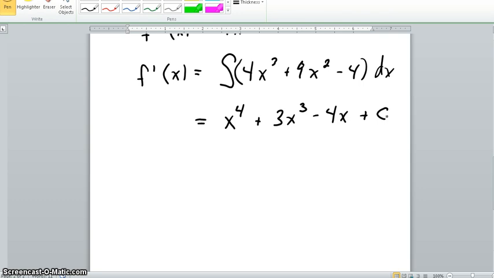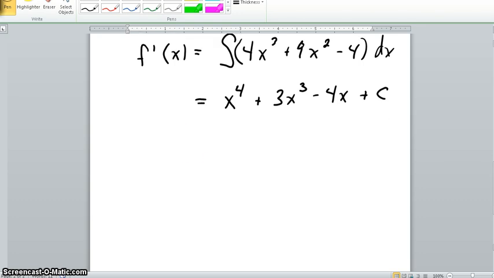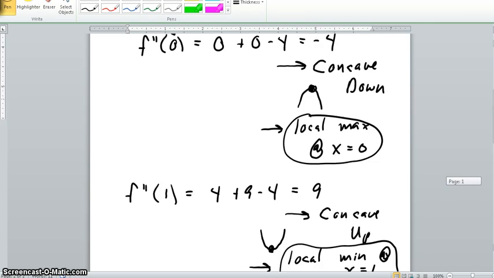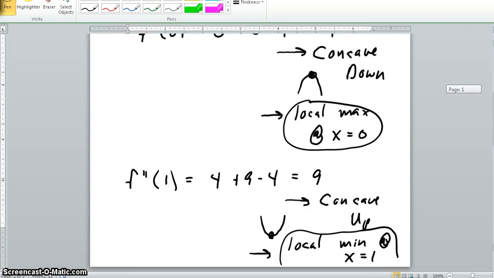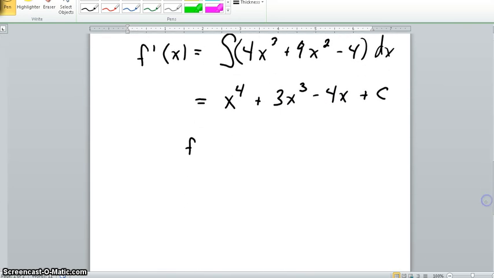I can figure it out because I've got several different pieces of information about the first derivative. I was given that the first derivative must be 0 when x is any of these values, so it doesn't matter which x value I use. 0 is always easy to work with.